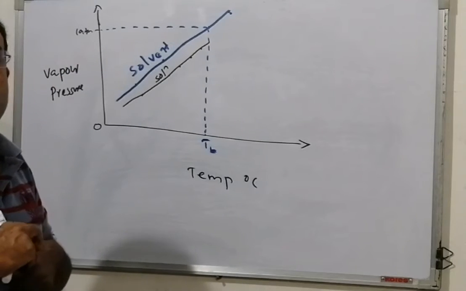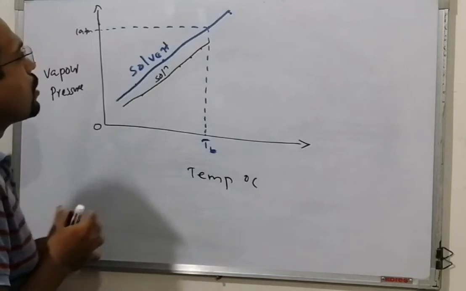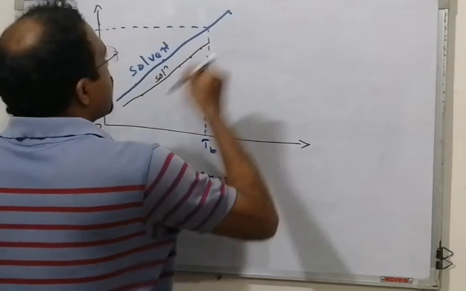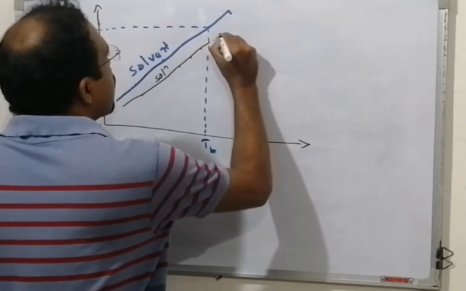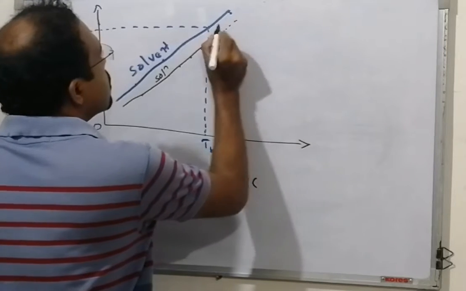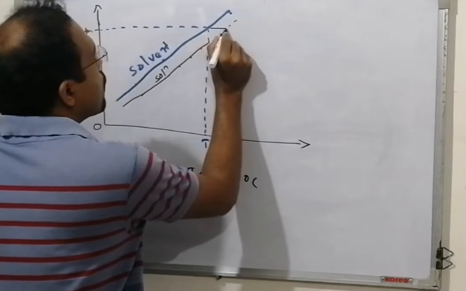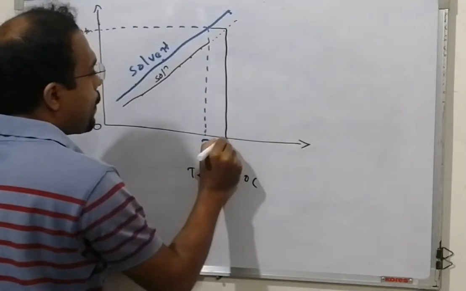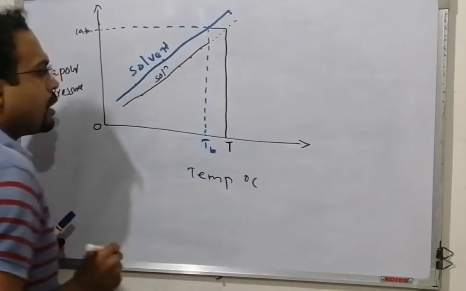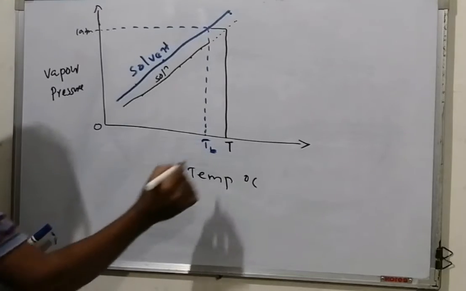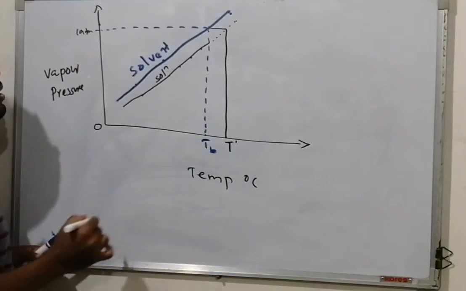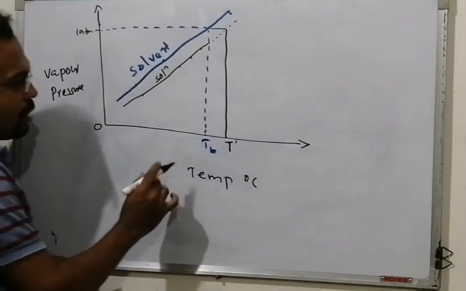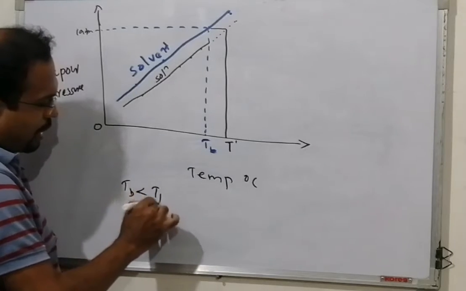Therefore, the solution will not boil at that temperature. You increase again, temperature increases, you increase again. Okay, yes, you got this value. This is T dash. Yes, that is TB less than T dash.